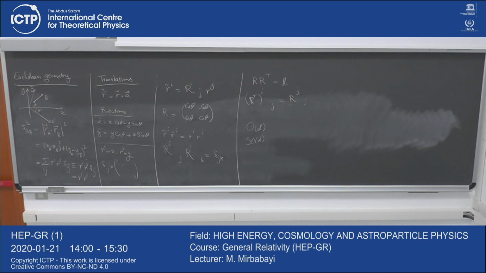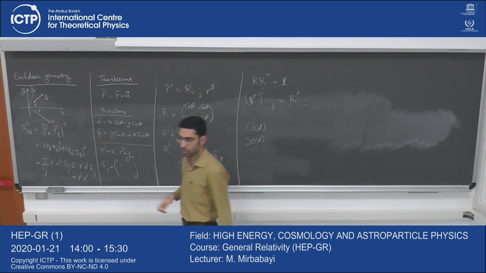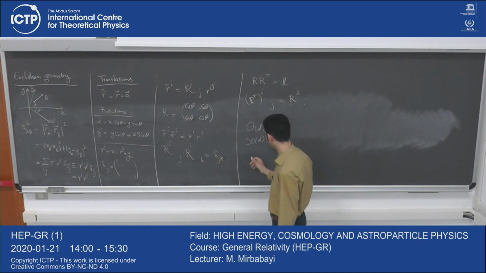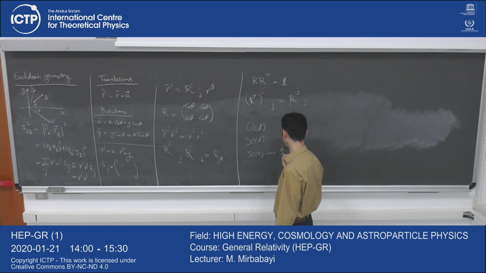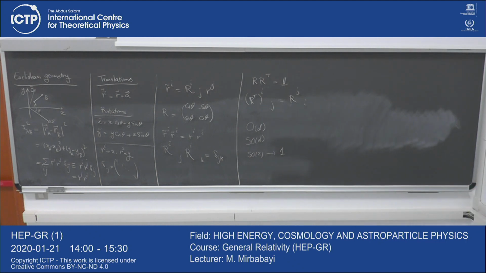So now you can ask, how many independent parameters do I need to define a rotation which is infinitesimally close to the unit rotation, which is no rotation? For instance, in 2 dimensions, we have only one angle. So the dimensionality of SO(2) is just 1. There will be only one angle that I need to specify.